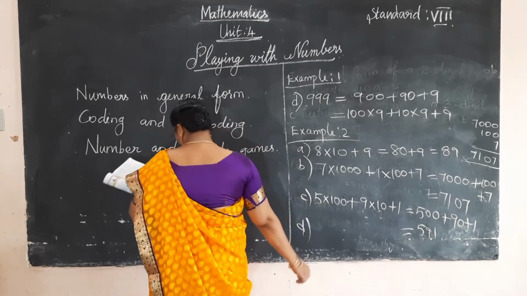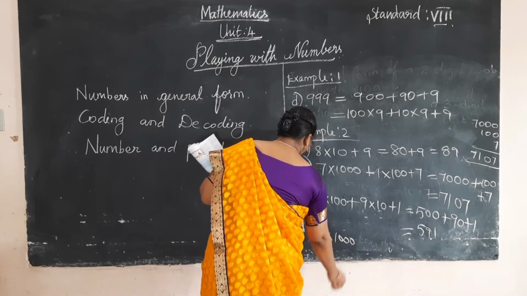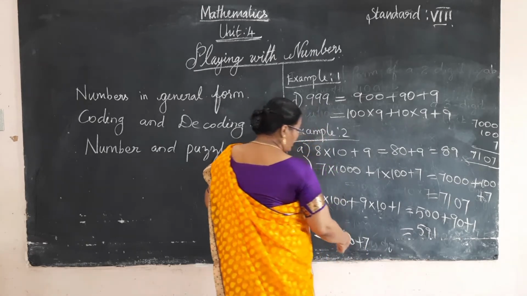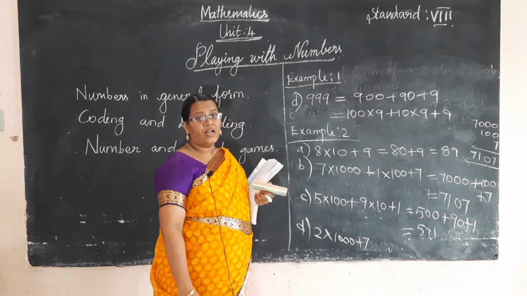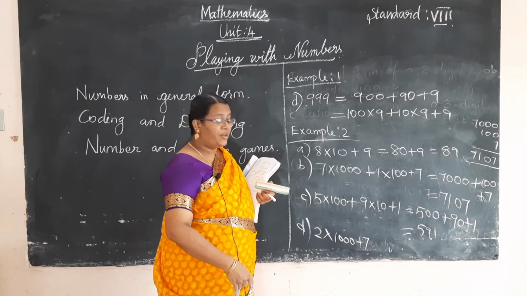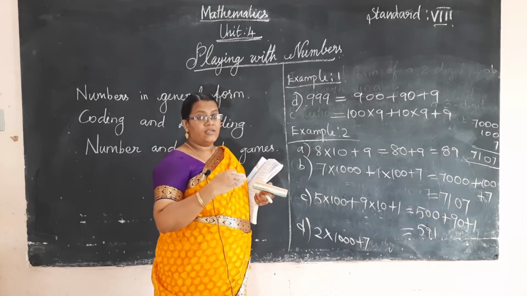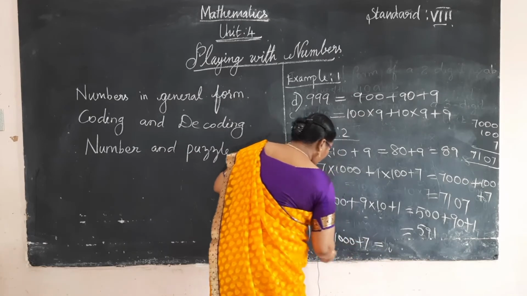And the D problem: 2 multiplied by 1000 plus 7. Here only the thousands place and ones place are given. Which places are not given? The tens and hundreds digits are not given. So how can you write?